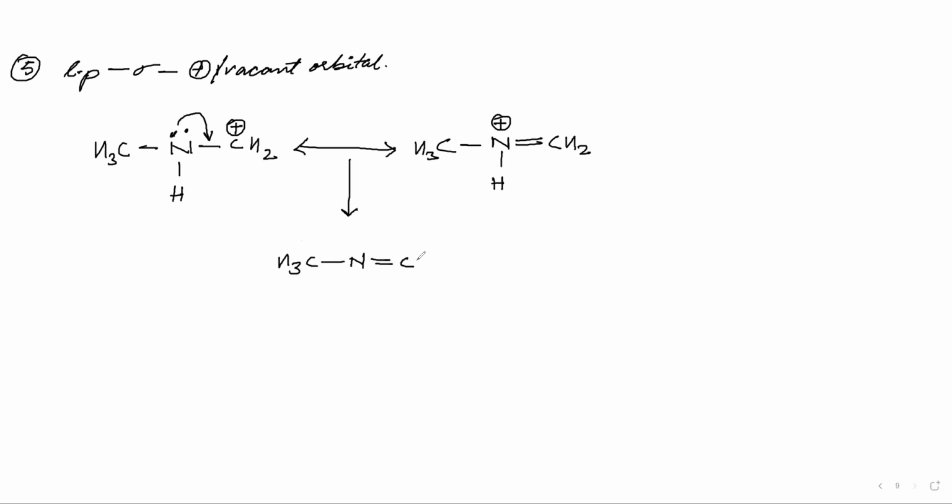Nitrogen, single bond CH2, and this will be a partial double bond. This will be H. This will be delta positive, and this will be delta positive as well. Now, what is the total charge here?